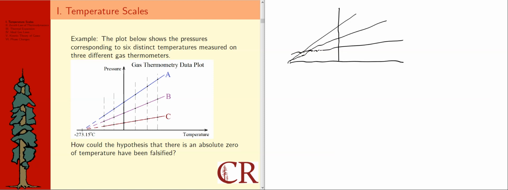I don't know if I'm drawing that perfectly, but hopefully it conveys the idea that if the lines had looked like this, and there wasn't that spot on the horizontal axis where they clearly all went through 0, then you would say that doesn't really suggest that there's anything there, where temperatures below that don't really make sense. But this convergence here does not falsify the idea of an absolute zero of temperature.